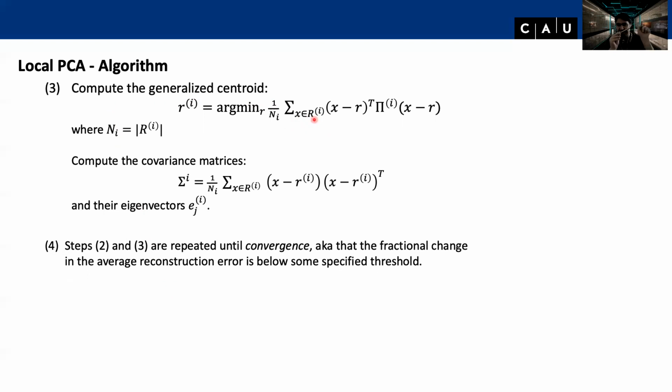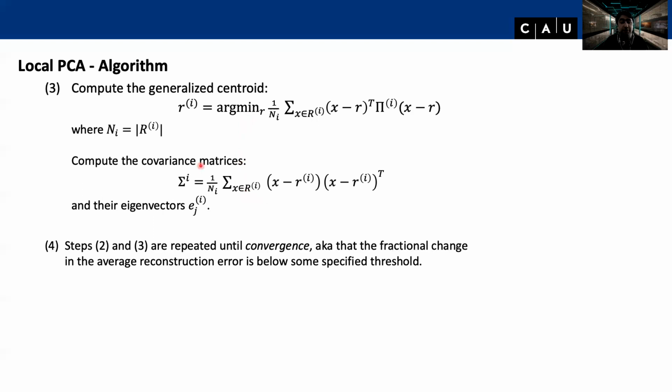We keep it simple, one-dimensional as an example, and we have several objects. For every object, we compute the reconstruction distance of x to its centroid, and then we average it. From all these averaged distances, we take the one with the lowest distance, and that particular object is then considered the new centroid.